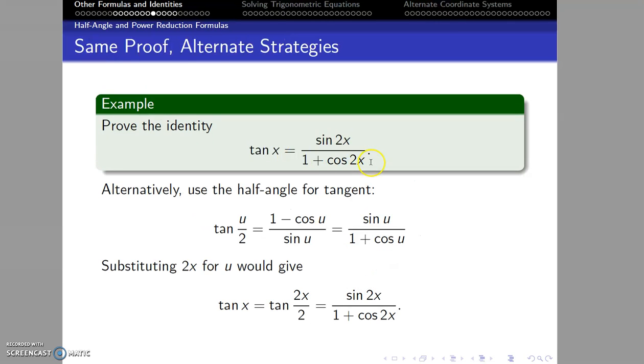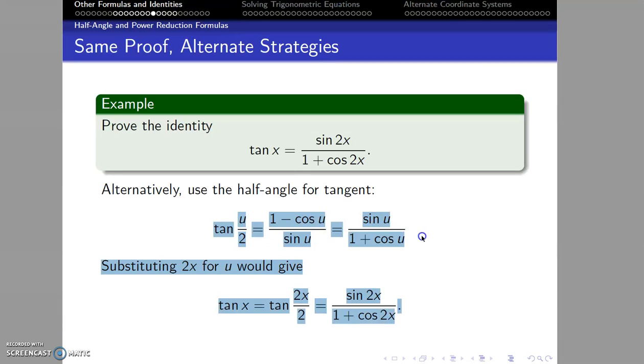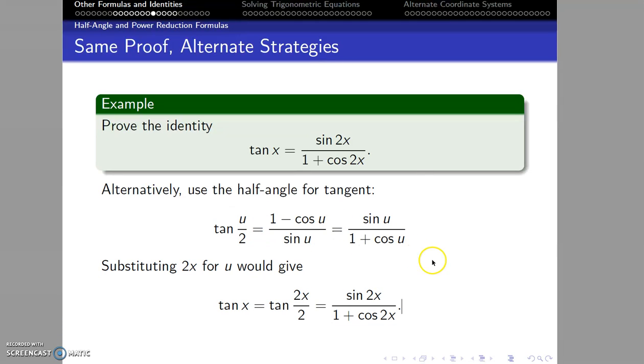In fact, recognizing that tangent of u over 2 is one of these two forms, sine of u over 1 plus cosine of u, in just a single substitution we can turn tangent of x into tangent of 2x over 2, which, for the half angle formula, becomes sine of u over 1 plus cosine of u.